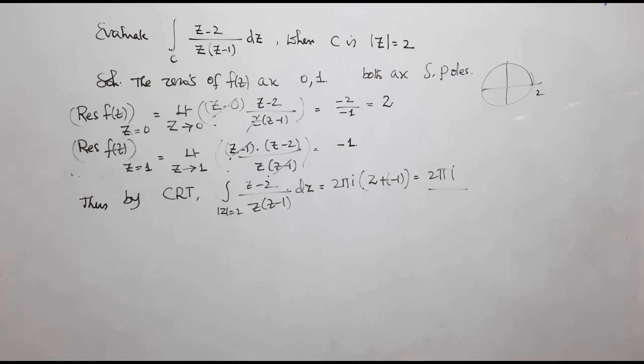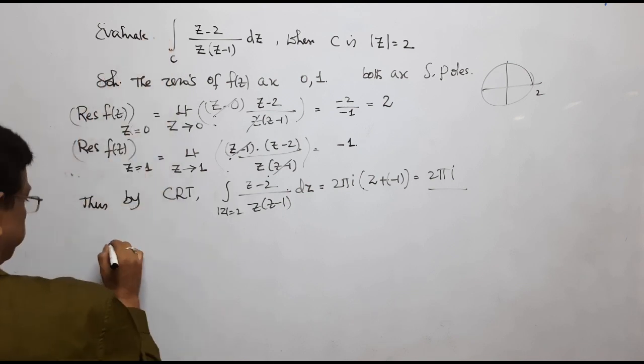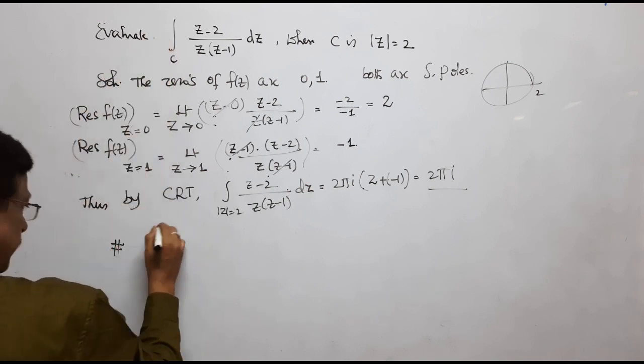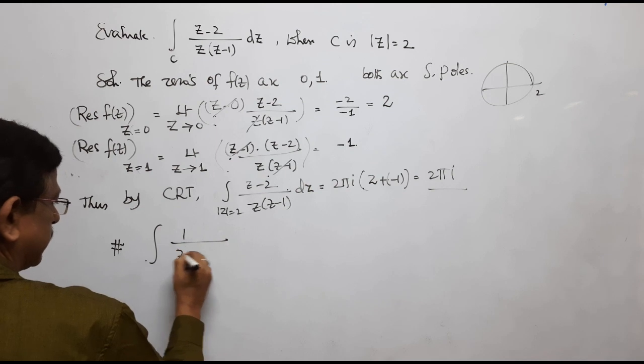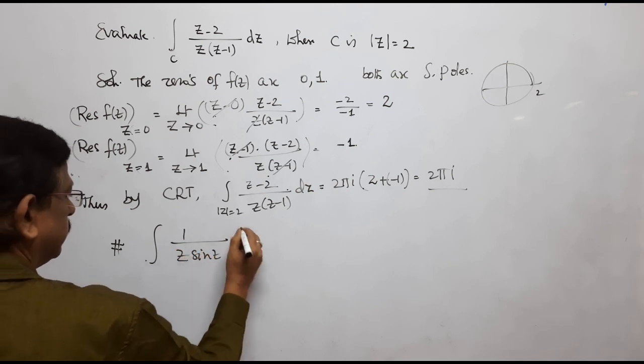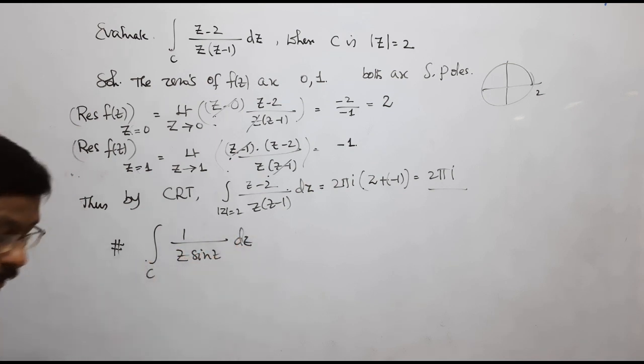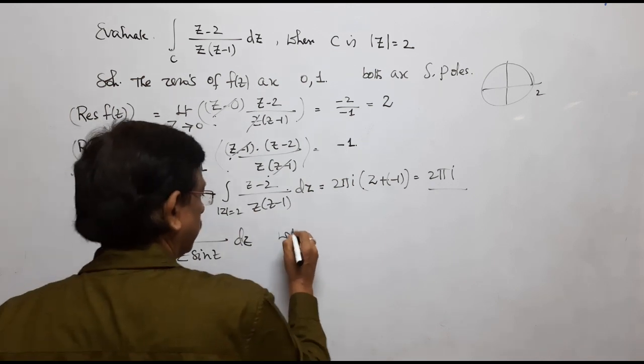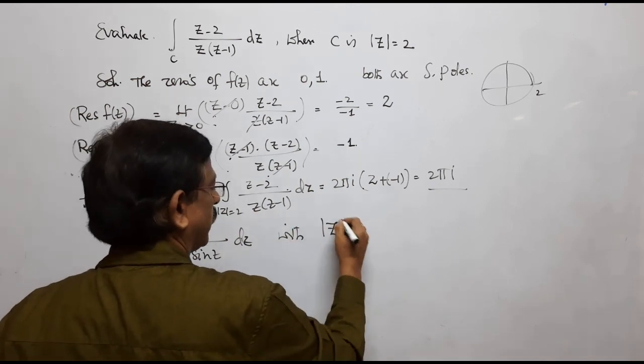Another simple problem I would like to discuss is: evaluate the integral of 1 by z sin z dz over C. Now I have to specify what that C is: mod z equal to 1.